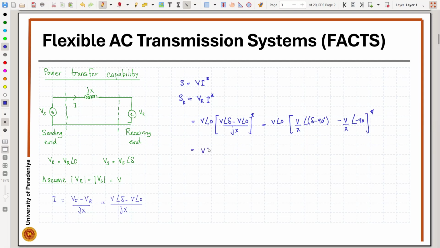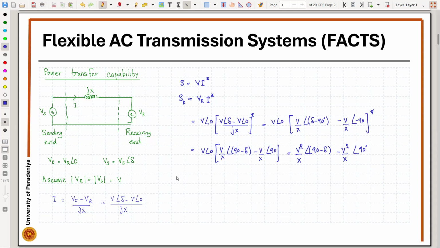So we have V angle 0 times V over X angle 90 minus delta, minus V over X angle 90. So this we would get as V squared over X angle 90 minus delta, minus V squared over X angle 90. So this is what we are going to get as the apparent power.